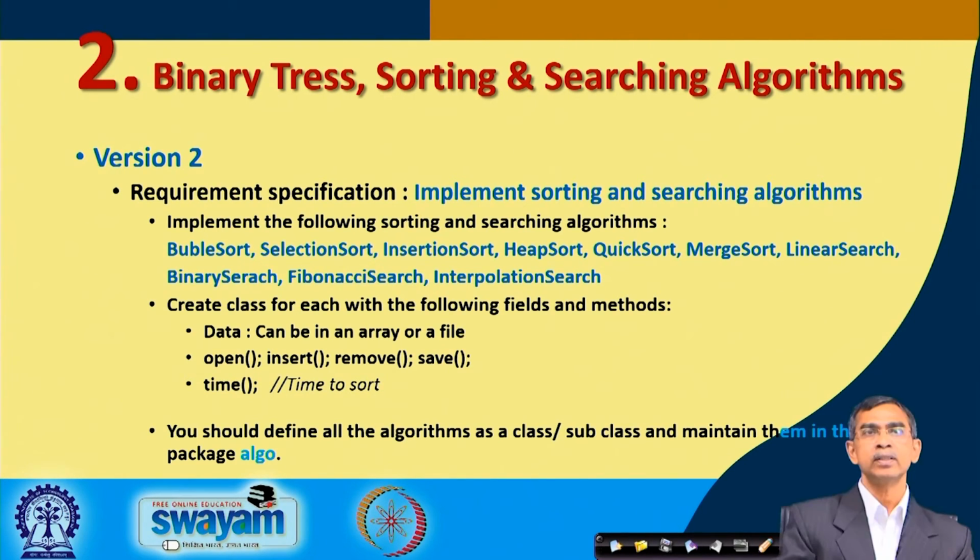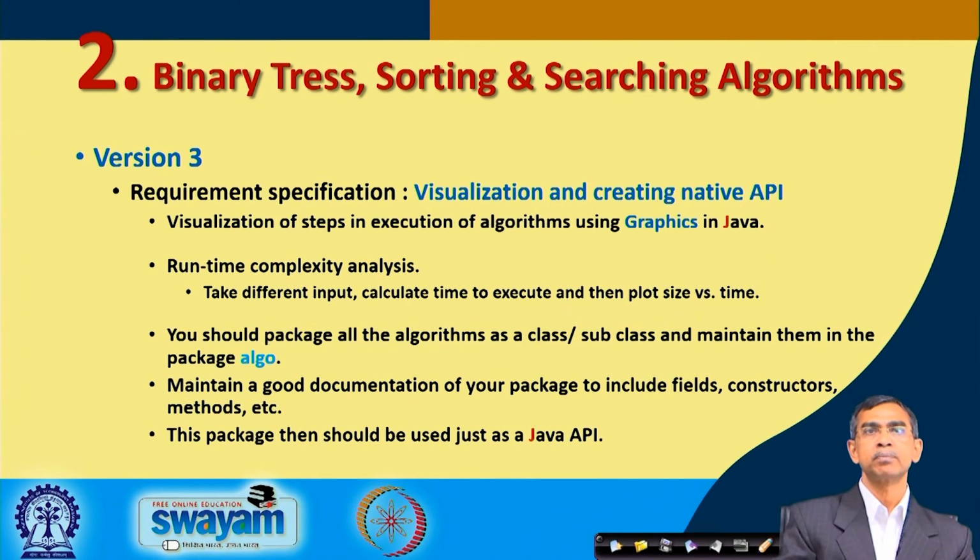So, this is the second phase of the project, and the third phase of the project is visualization and creating a native API. In this process we will have a total visual impression of the different trees. For example, when you build a tree and insert one single node, it will give only one node. When you add another node, it will go into the tree, whether as a left child or right child. Accordingly the tree will be built, and the building process can be visualized one by one as things go on.